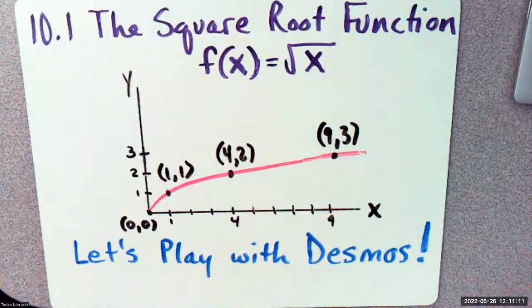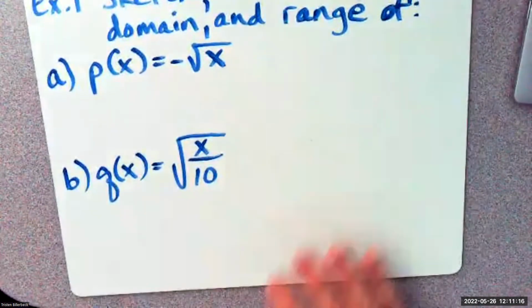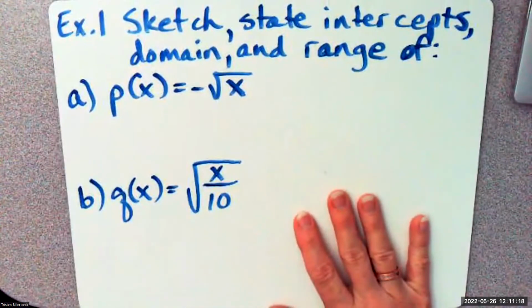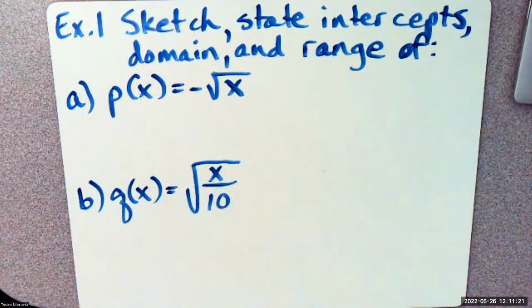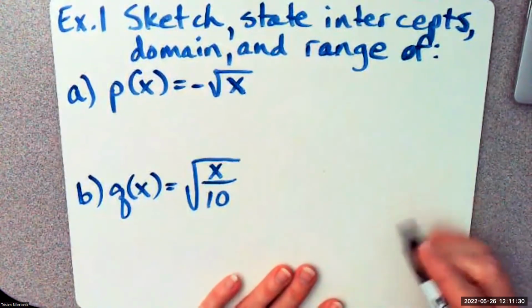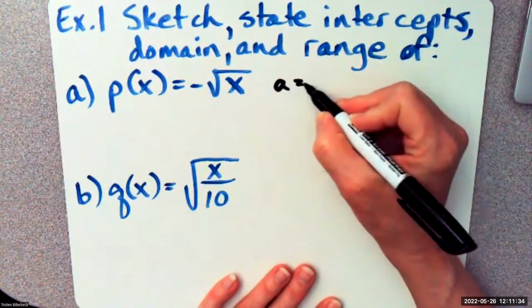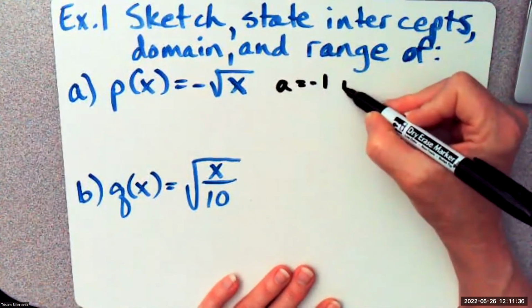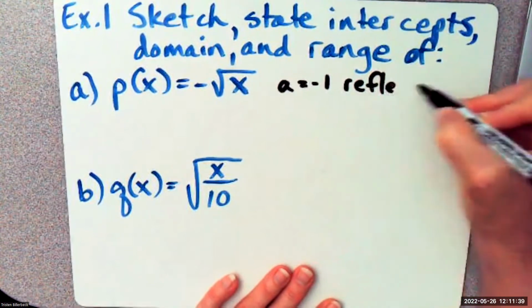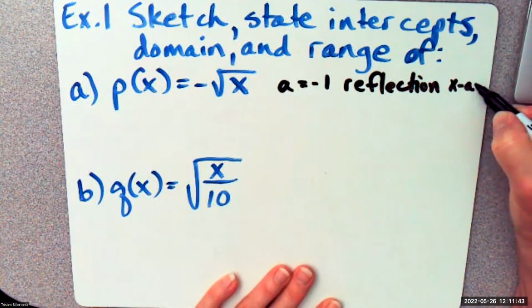Okay, so let's look at some examples. All right, so it says, sketch, state the intercepts, domain, and range. So this one we see, oh, a is -1. So that's a reflection about the x-axis.